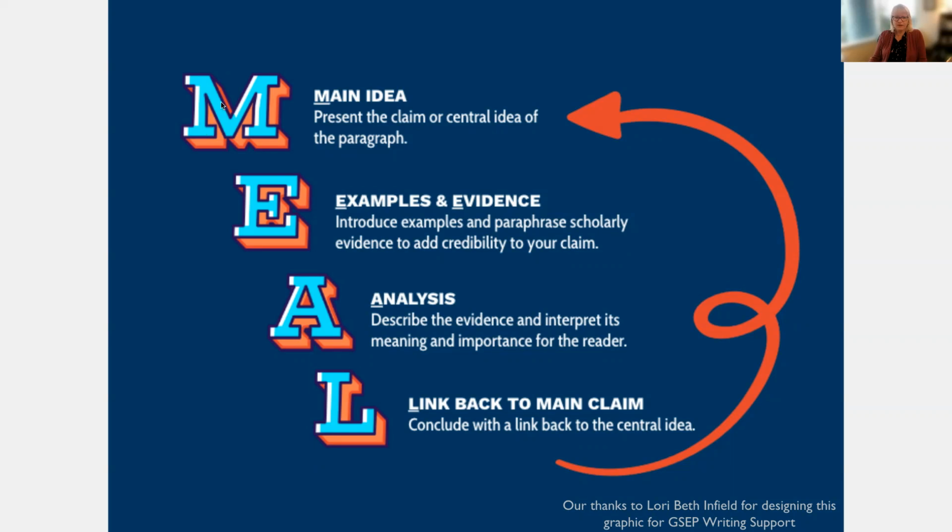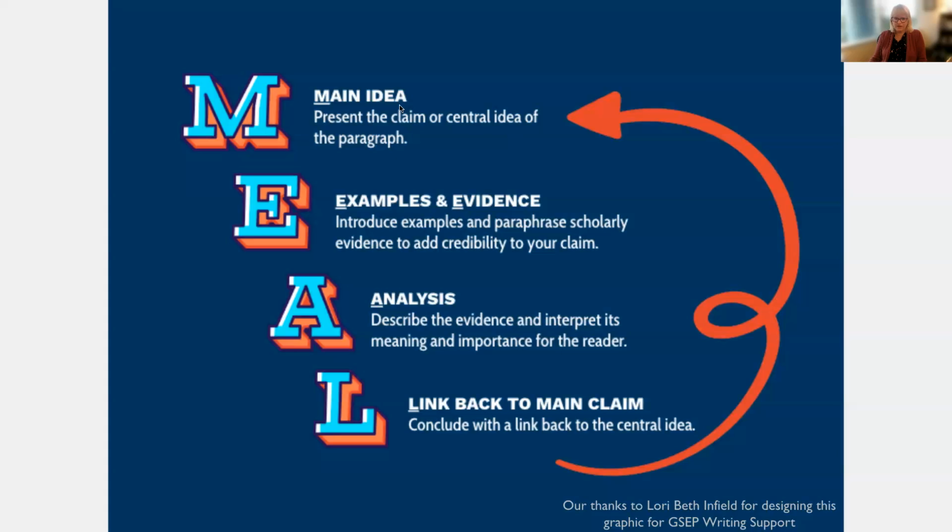So the idea here is that we have these four letters, and they stand for main idea, examples and evidence, analysis, and link back to the main claim. So in a paragraph of, I don't know, 5 to 8 sentences, the first sentence would be your main idea, where you present the claim or central idea of the paragraph.